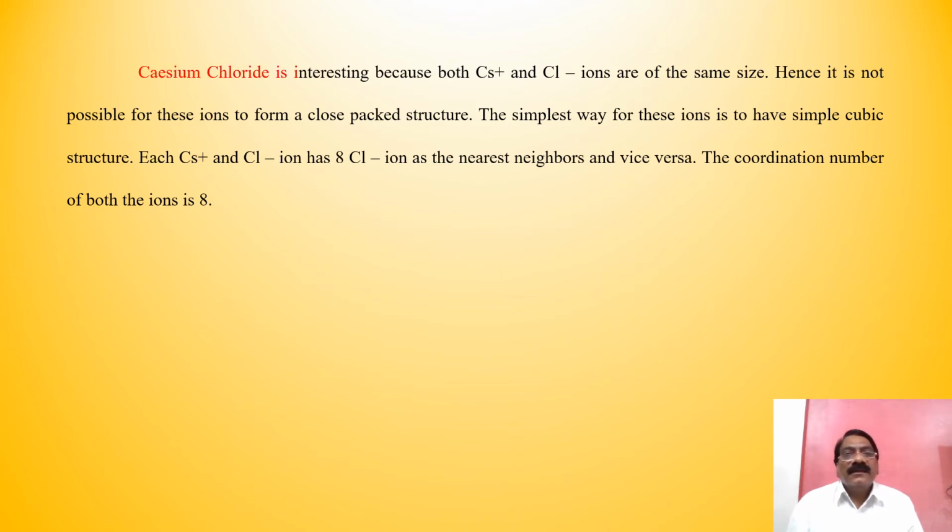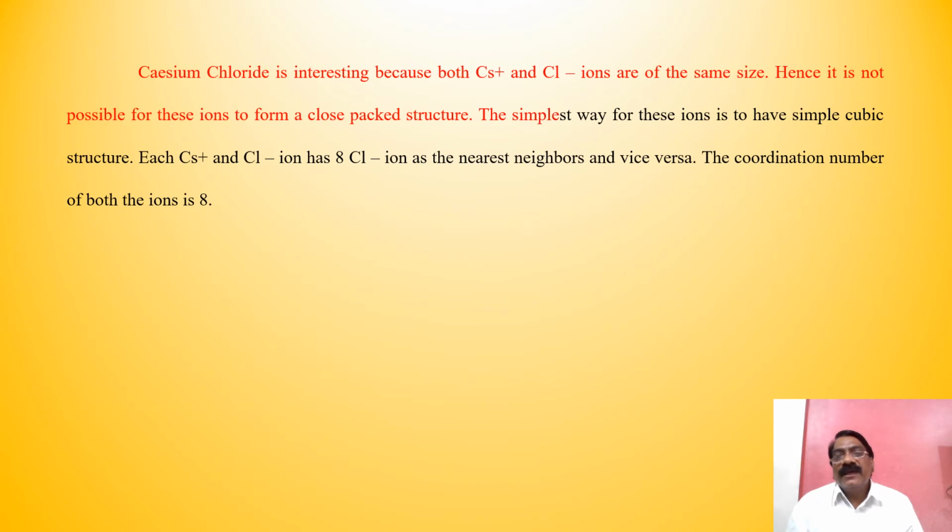Cesium chloride is interesting because both Cs+ and Cl- ions are of nearly the same size. Hence, it is not possible for these ions to form a close packed structure.